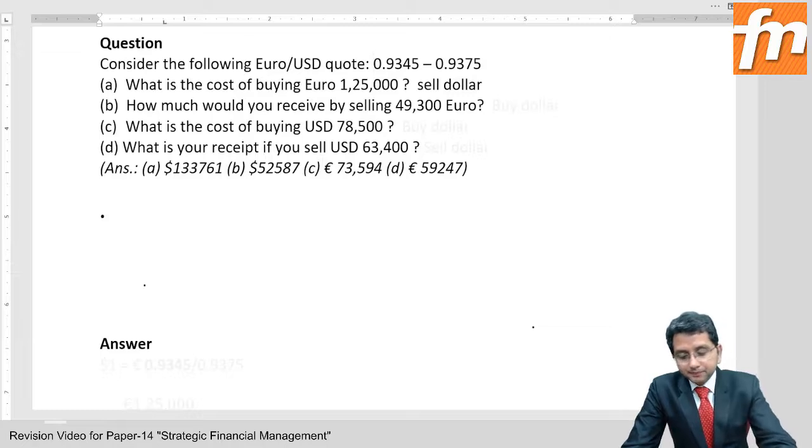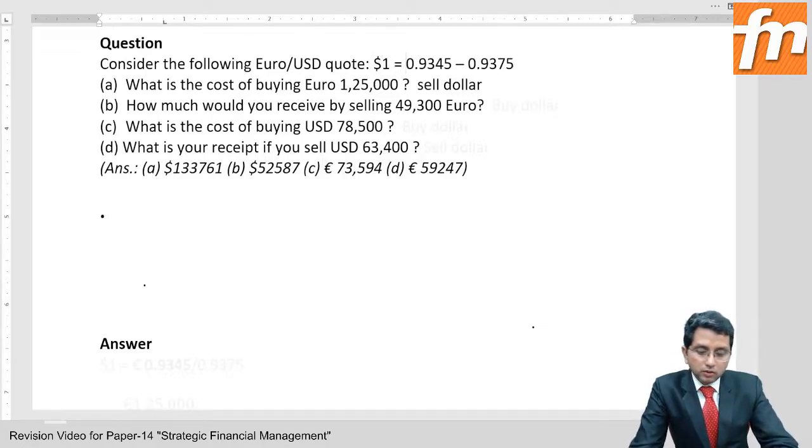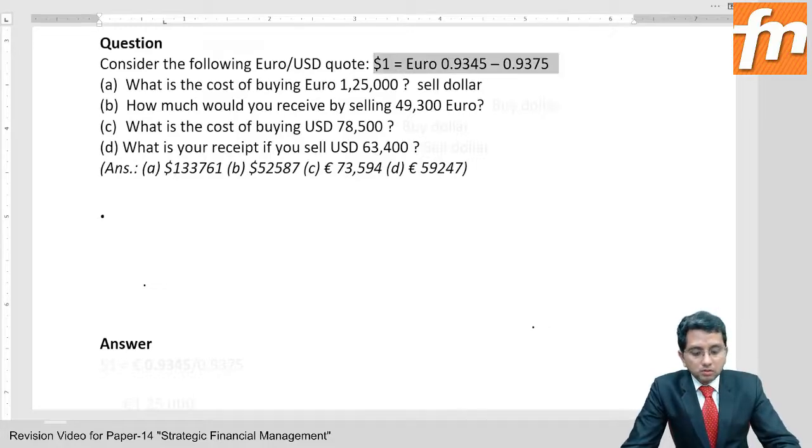So I'll say $1 is equal to euro 0.9345 and 0.9375.